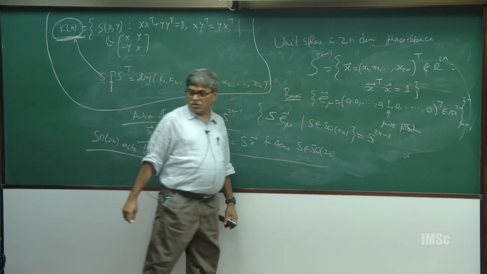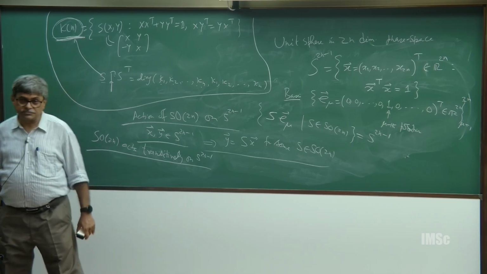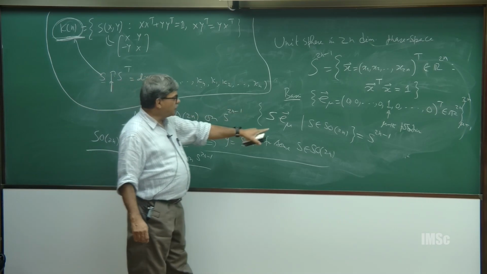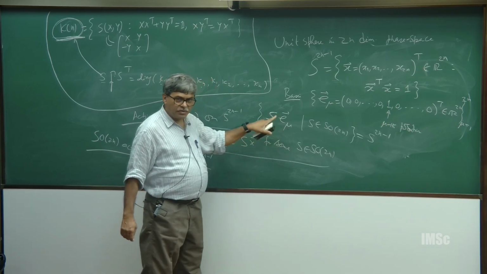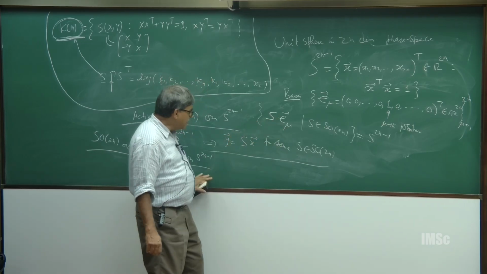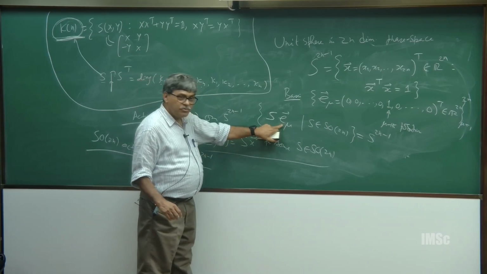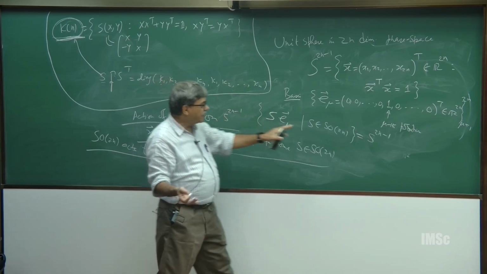Do you agree with me or not? This is my unit vector, choose any fixed mu, no problem. So, this transitive action means that the orbit of this e_mu should be the entire S^(2n-1).